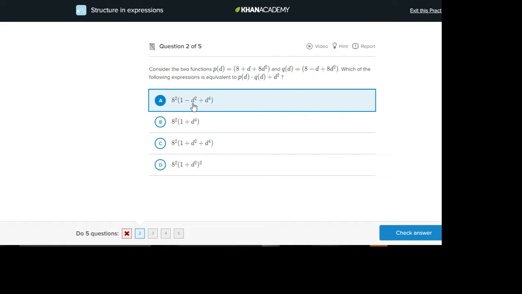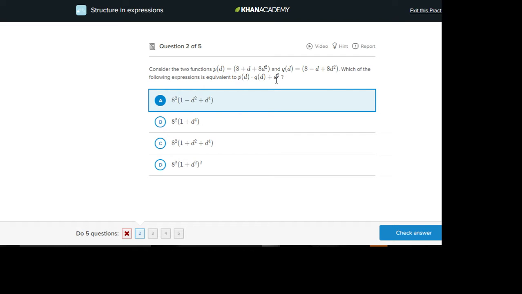Eight squared minus 8d. I don't see where they got the minus 8d squared from. I have no idea. It's got to be A. I just choose that one.